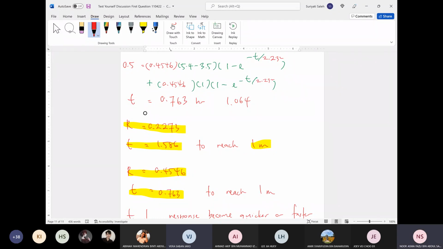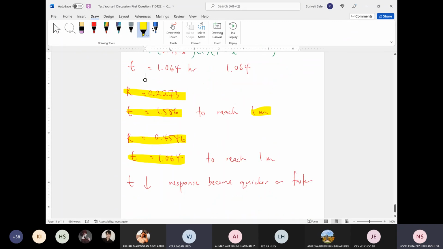All right, it's okay for the wrong answer. Keep trying. You already did good work calculating the answer. Make sure you calculate it correctly next time. So here, sorry for that. So this is not our answer. So 1.064 hour. Still in this case, we can see the time still decreases from 1.5 to 1.06.